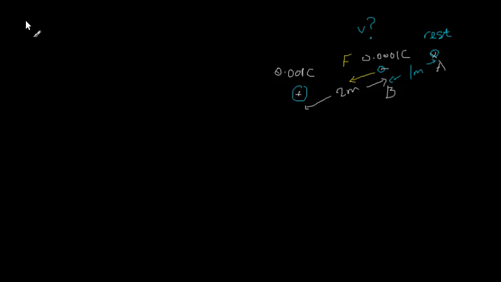Right, so let's try that, starting at position A. At position A, I want to find the potential energy. I'm just going to use PE as a short form for potential energy.